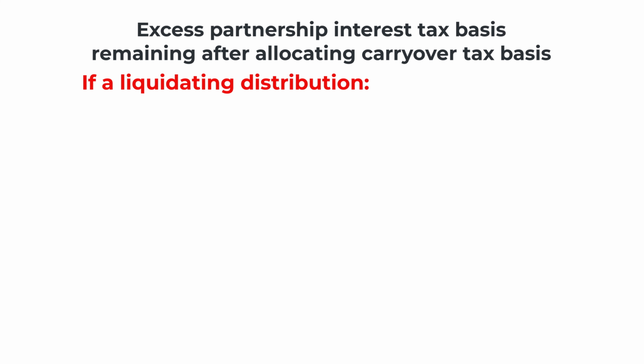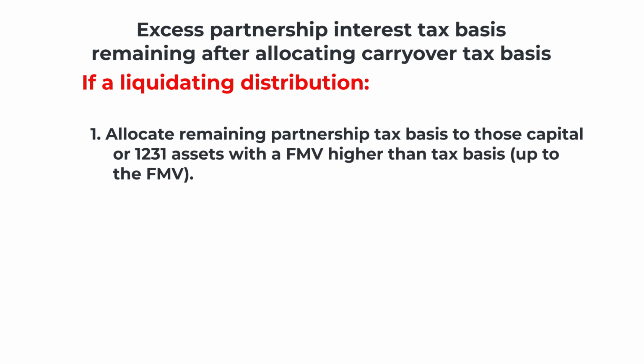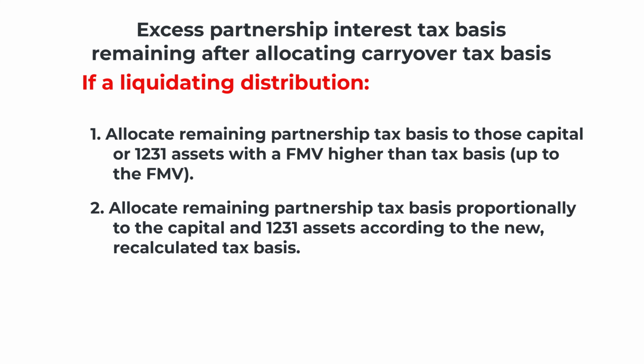To do this, first allocate remaining tax basis to the non-ordinary income assets that have a fair market value greater than the carryover tax basis, so that the tax basis for these assets now equals fair market value. Next, allocate any remaining tax basis to all the non-ordinary income assets proportionally according to their new recalculated tax basis. Let's look at some examples.